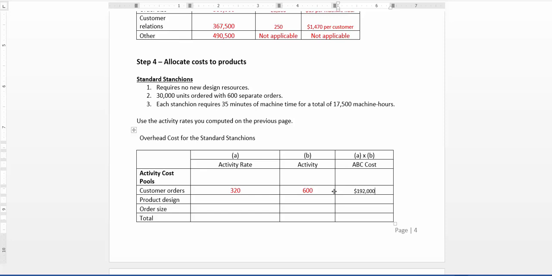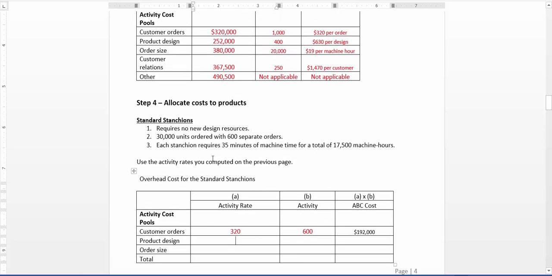Okay. All right, so next up, product design. So what does it tell us? It tells us there are no new design resources. So our product design cost is $630, but we don't have any activity, so there's not going to be any cost here. Okay. And then our order size, our rate here is $19 per machine hour.